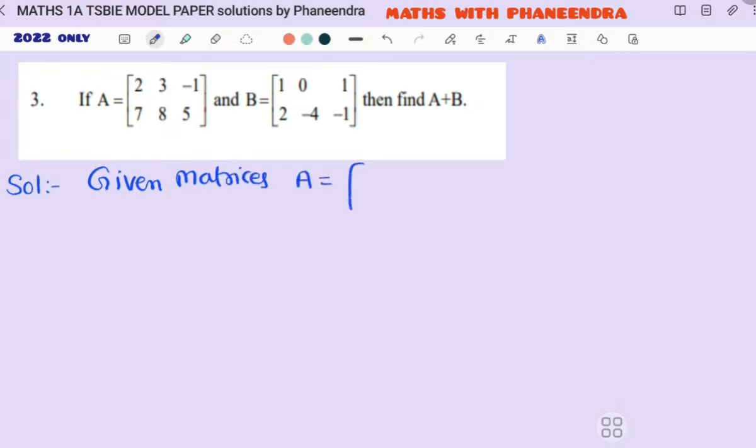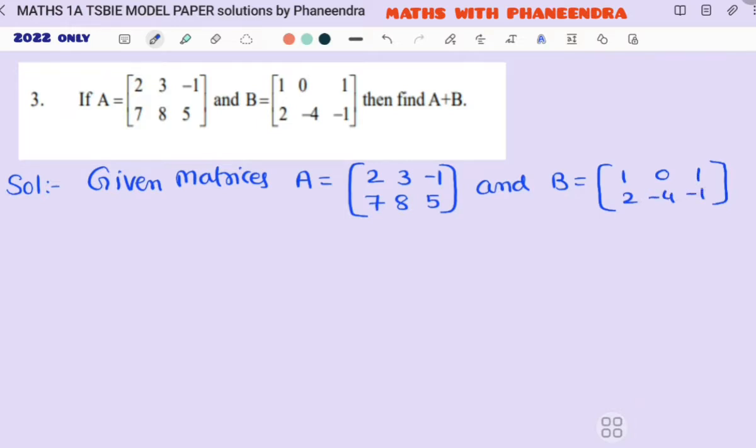A is equal to [2, 3, -1; 7, 8, 5] and B equal to [1, 0, 1; 2, -4, -1].